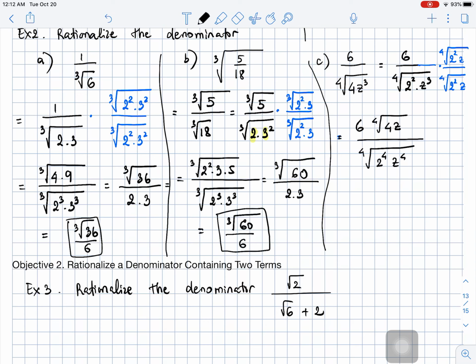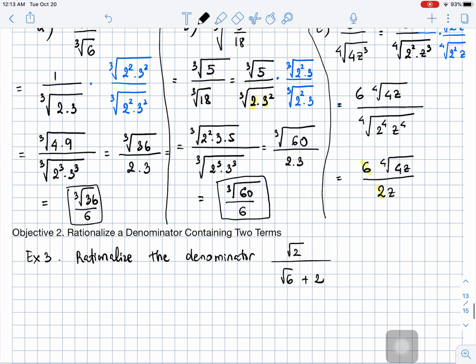Now we multiply top together, bottom and bottom together. So on the top, we get 6 outside and then fourth root of 4z. In the bottom, we have a total of 2 to the fourth and z to the fourth. So 4 of the 2 and 4 of the z.